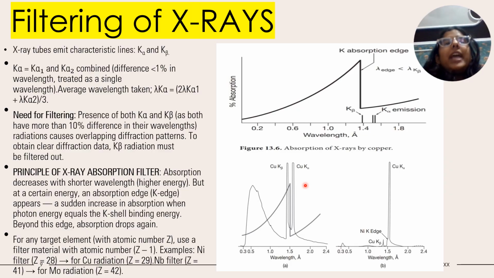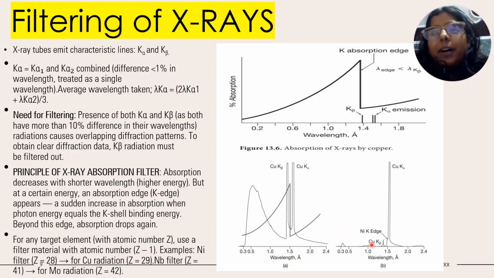Its absorption edge falls perfectly between the K alpha and K beta radiation of copper. So the nickel filter absorbs K beta radiation about 6 times more strongly than it does K alpha. Here you can see the absorption edge of nickel. It lies exactly in between K alpha and K beta.